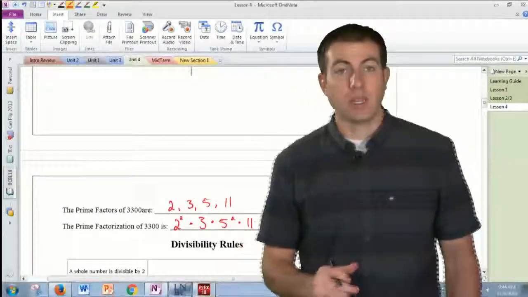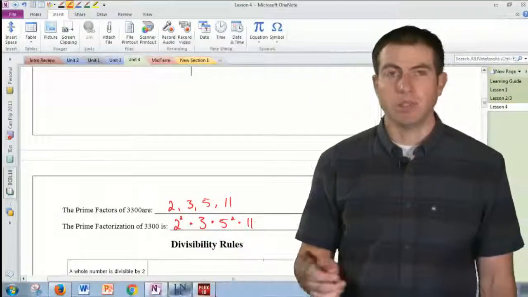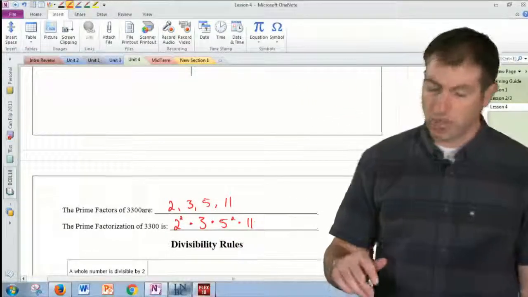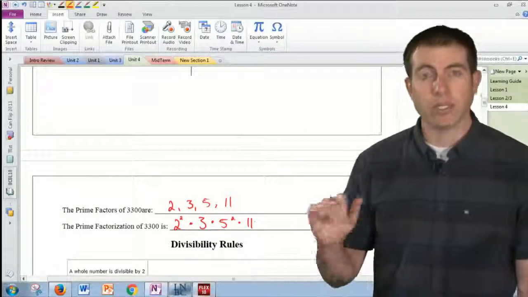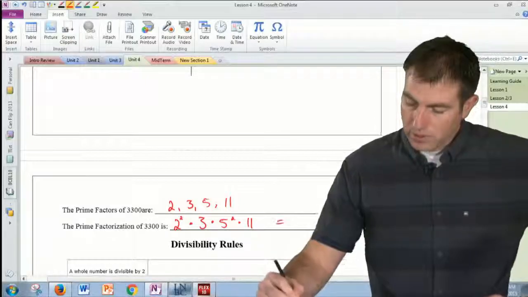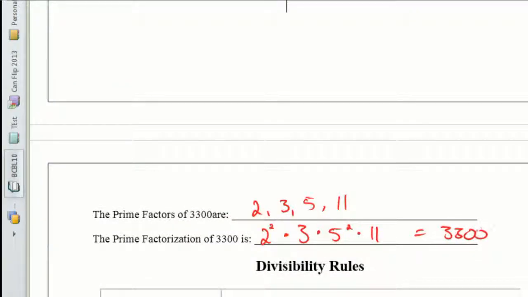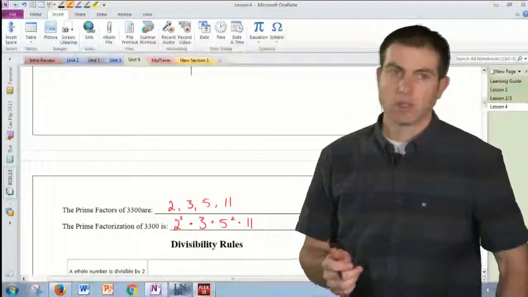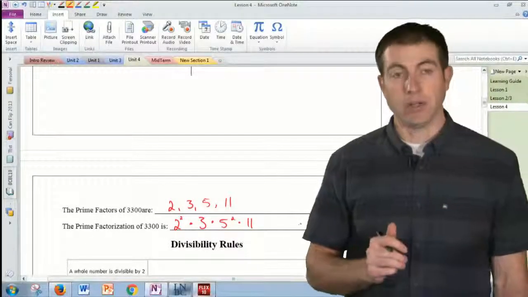So all of these things multiplied together would be the prime factorization. If I plugged into my calculator 2 squared times 3 times 5 squared times 11, I would end up with 3,300. Now you don't need to write it like that, but that's why we write it that way, because if we went backwards, we'd want to end up with 3,300 again.